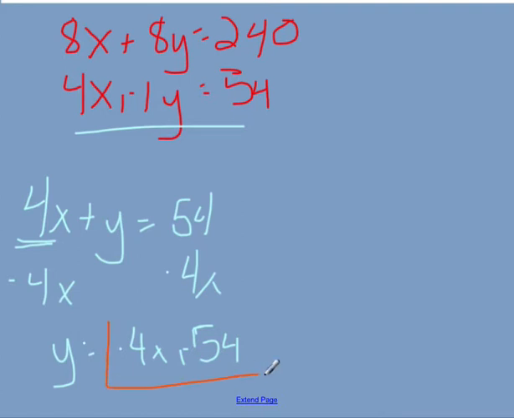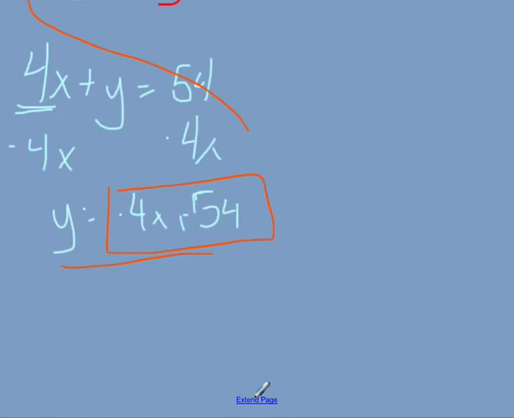So I'm going to take this, and where I see y in that first equation, remember we have to use the first equation because this represents the second equation, I'm going to plug that in. So then I'm going to create myself some more space here. So I have 8x. Then we're going to substitute y out, and I'm going to put negative 4x plus 54 in instead, and that needs to equal 240.